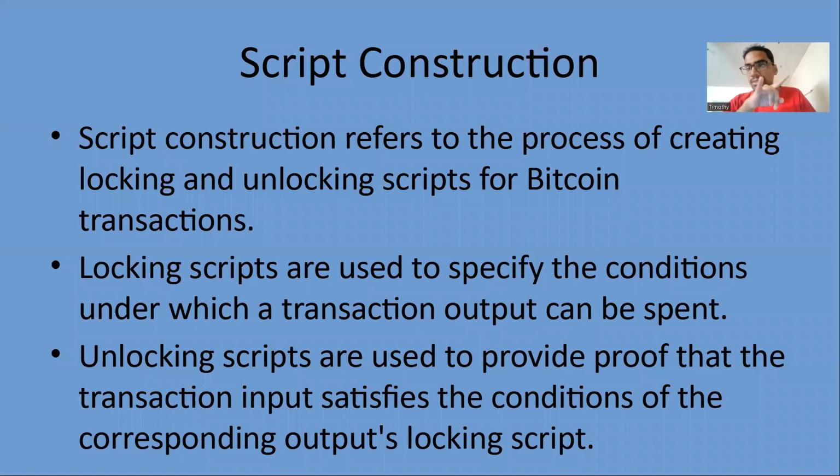Once we have found that result set, it needs to be unlocked for the person to redeem it. Locking scripts specify the conditions under which it can be spent, and unlocking provides proof for the output's locking script. So when he redeems it, he should have the proper signature, because this is signed with his public address.